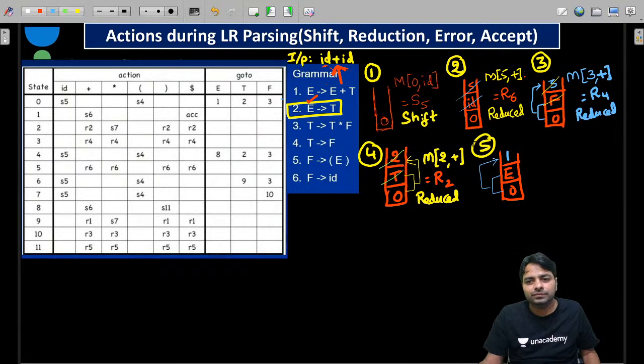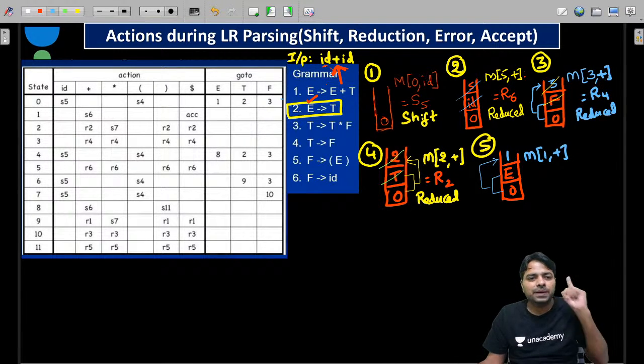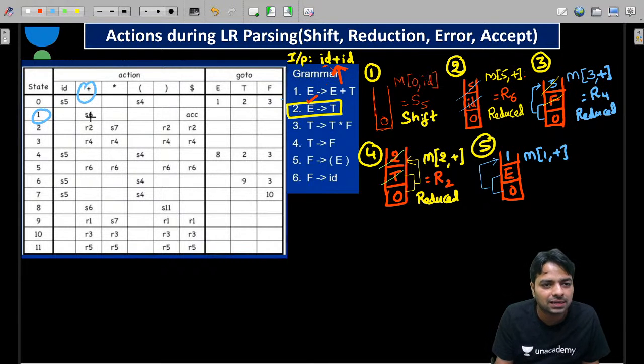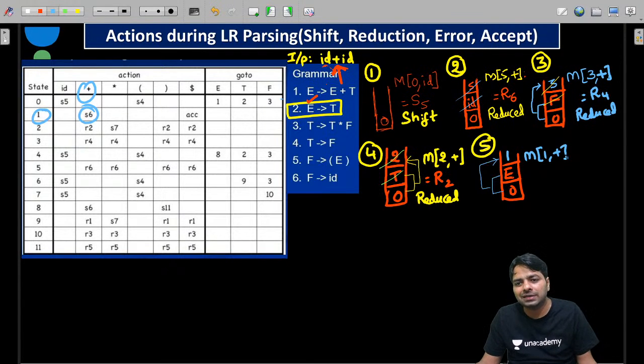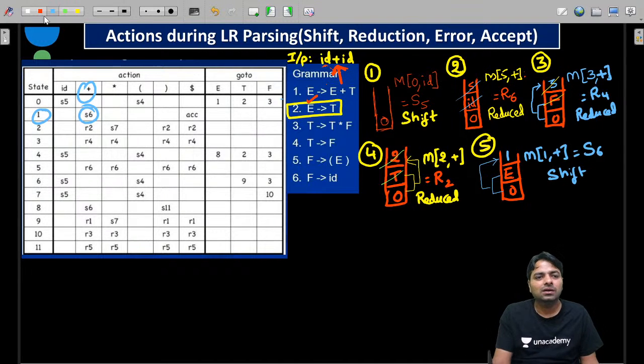Now entry M of 1 comma plus. Now look at 1 comma plus, it is S6. Now after a long time we got S6, a shift action. What is a shift? You know it.